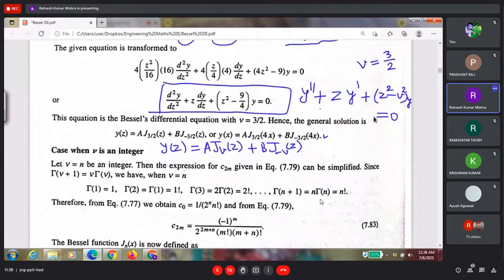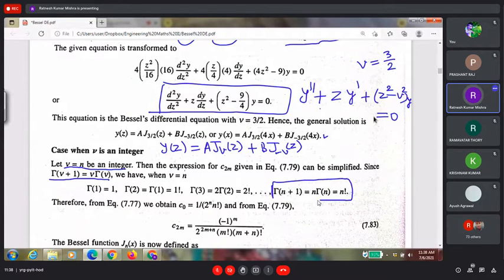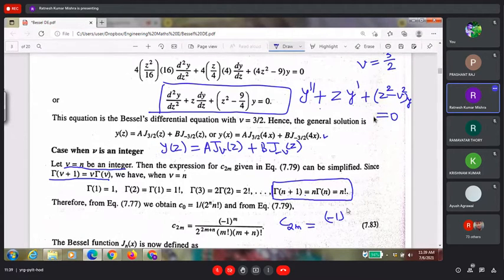Now suppose v is an integer. So if v equal to n, this is an integer, so gamma(v plus 1), we can write gamma(n plus 1), which is factorial n. So C2m is, if you see that, (minus 1) to the power m and 2 to the power 2m plus v, factorial m and factorial (m plus v).